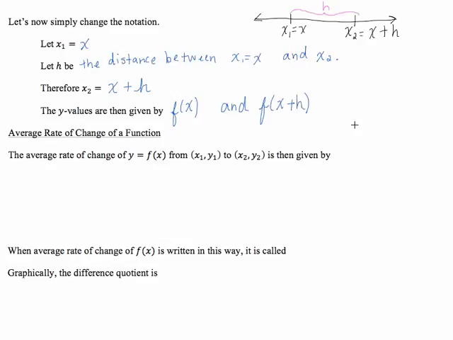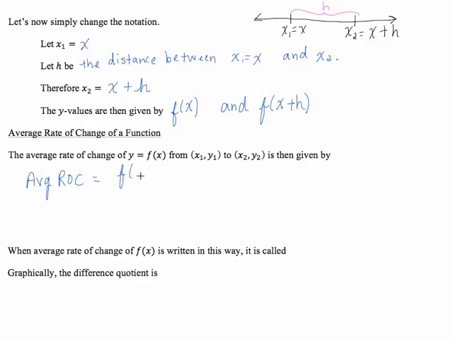Now let's look at average rate of change of a function between 2 points. So the average rate of change of the function between those 2 points is the change in y over the change in x.